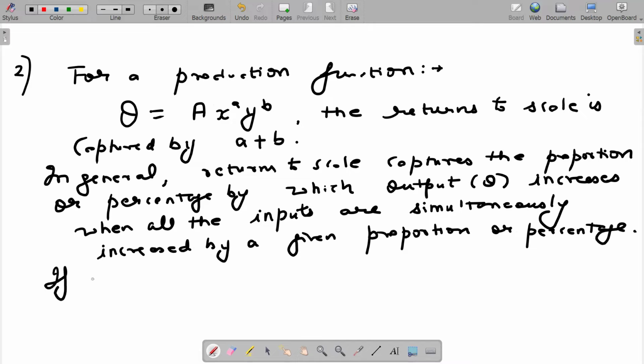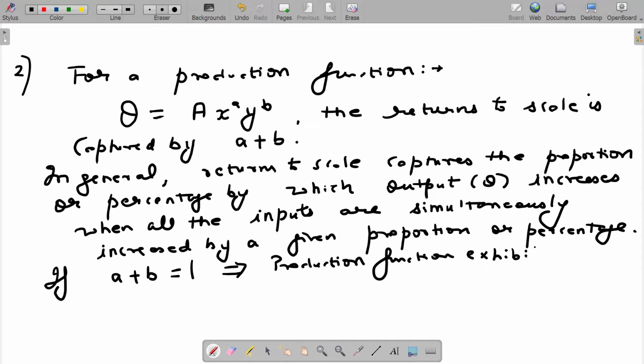So if A plus B is exactly equal to 1, it implies that the production function exhibits constant returns to scale. It means if I double my X and Y, my output will also exactly double. I'm just taking an example.